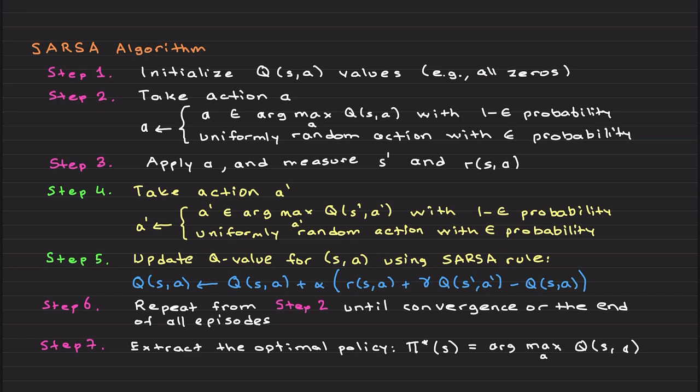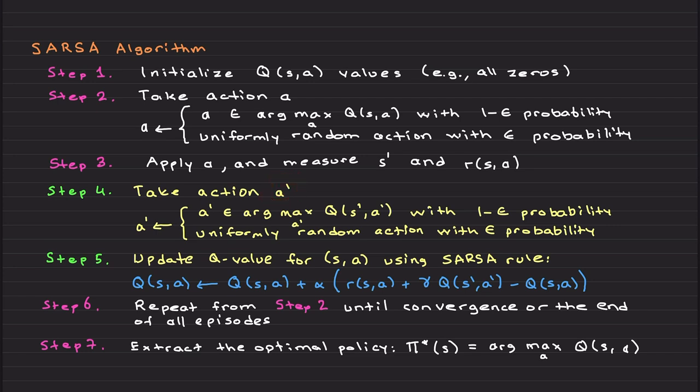Then we apply this action A to the environment and measure S prime and the reward. Think about it like we apply some force action to a robot. The robot moves from S to S prime, and we measure the robot's new position S prime. Then we take action A prime.